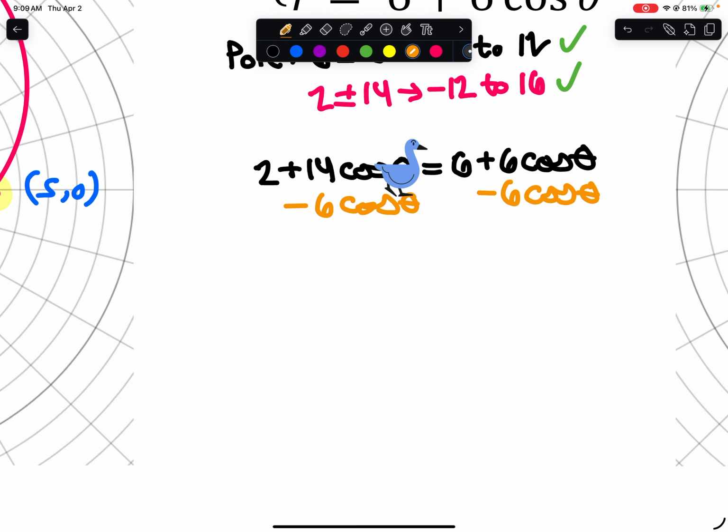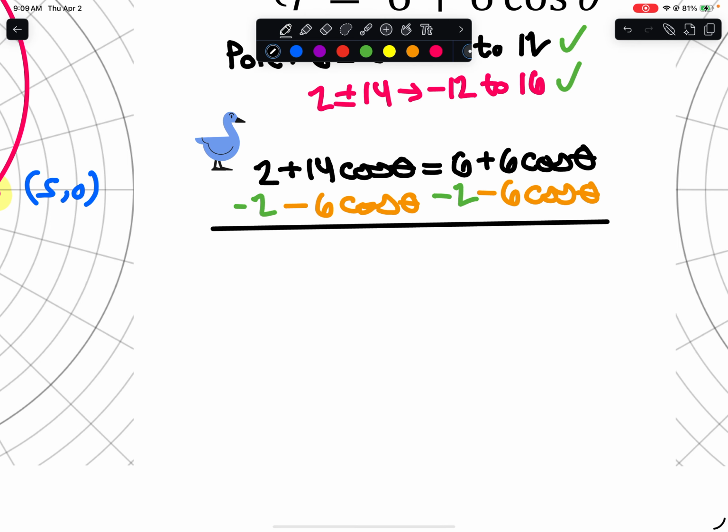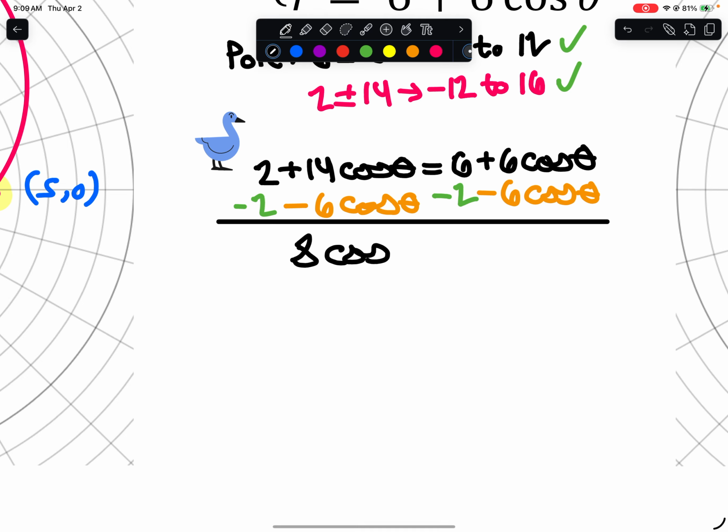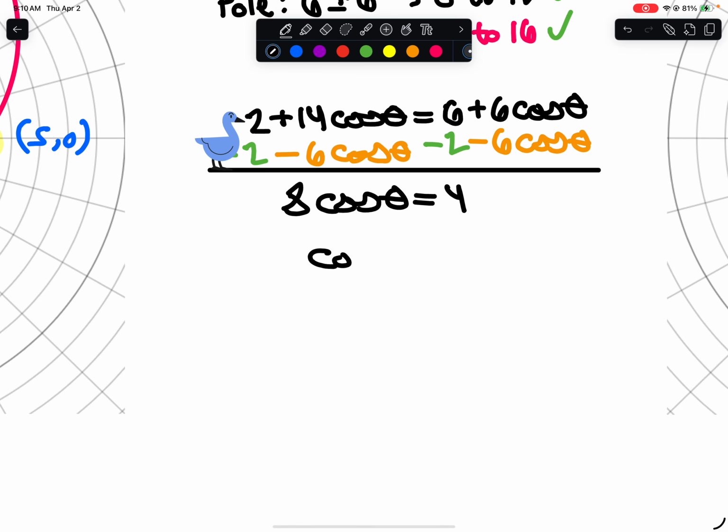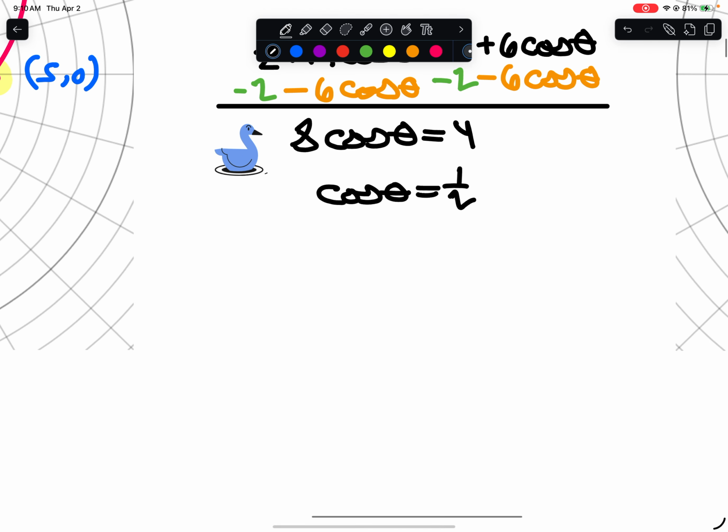Then I'm also going to go ahead and subtract 2. So over here, that's going to leave me with 8 cosine theta. That's going to equal 4. Then divide by 8 on both sides, so that's going to leave me with cosine theta equal to 1/2.